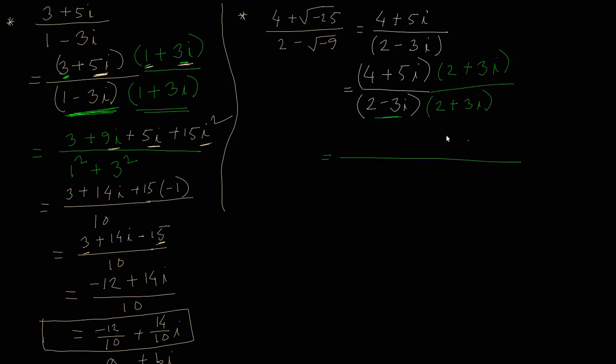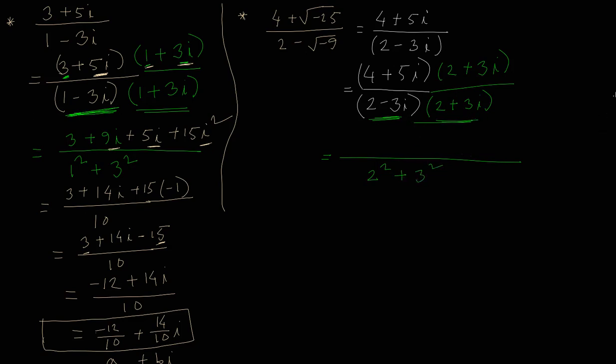The denominator is easy, because this is a complex number multiplied by its conjugate, so it will be a square plus b square. a is 2, so it is 2 square plus b, which is 3 square.